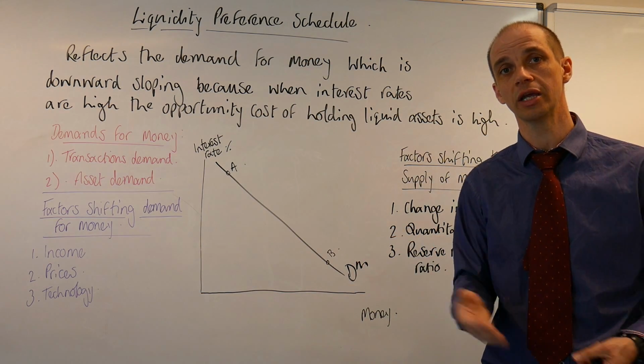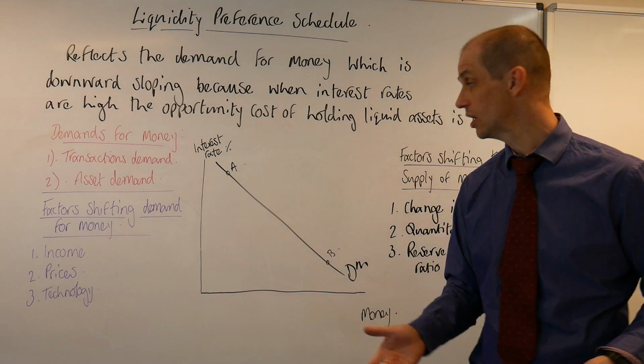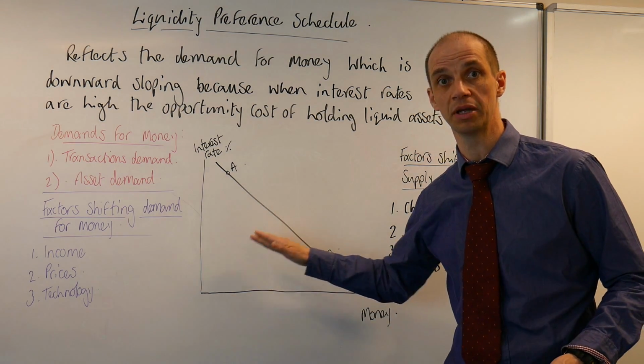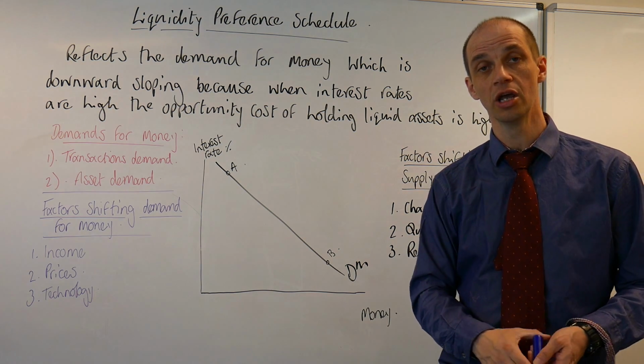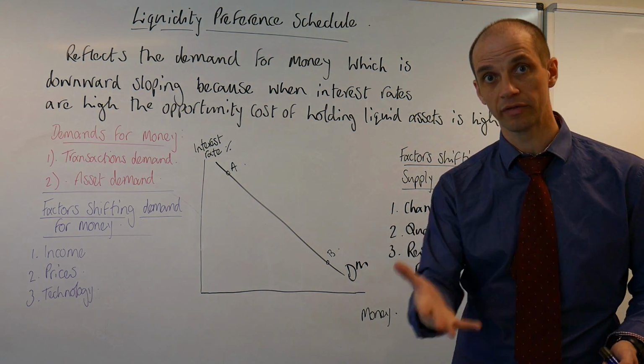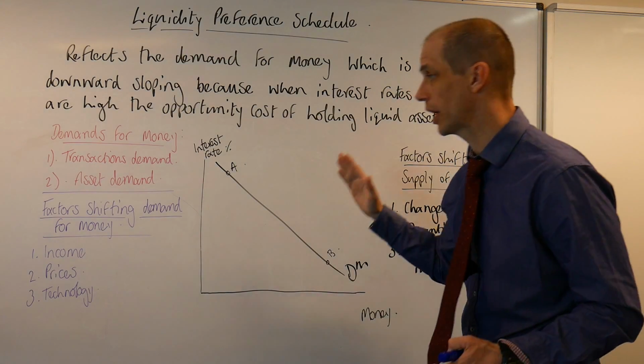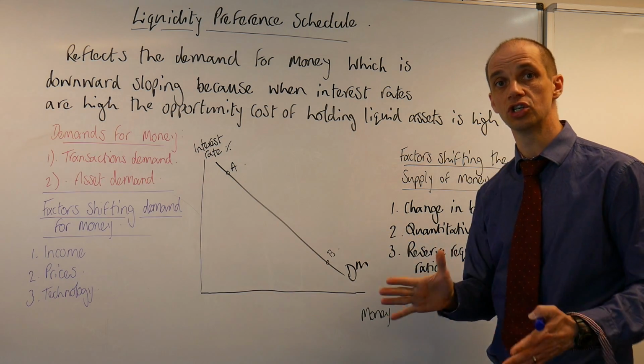Well, technology and the fact that people are engaging far more in e-commerce activities actually reduces people's demand for liquid cash and perhaps encourages us to use far more credit cards and other banking services. So there are factors that can shift this.